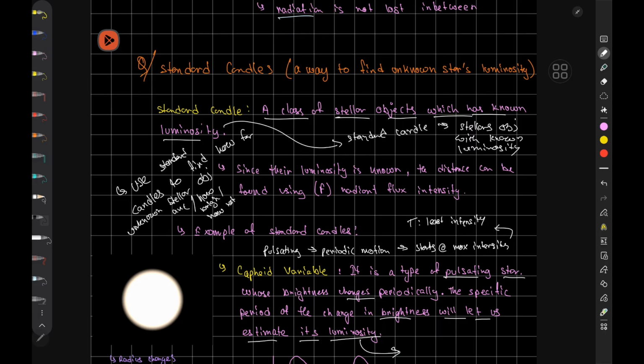Because once we take certain bits of information of what type of feature an unknown stellar object has, and we match it with the standard candle, we get to know how far it is as well. And I'll show that to you. One of those variables is luminosity itself, and it's the main thing that we look for.